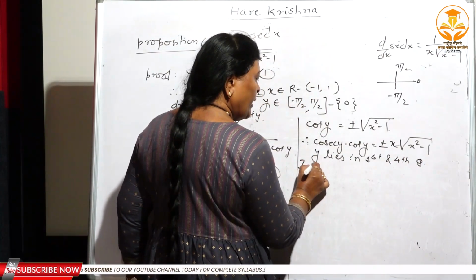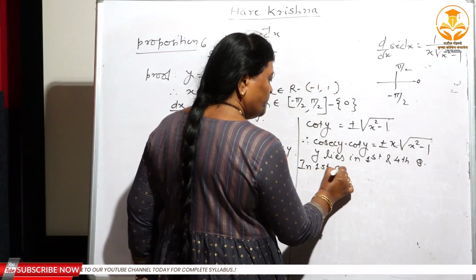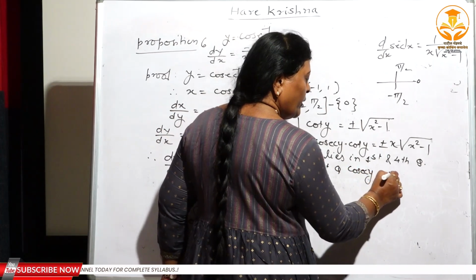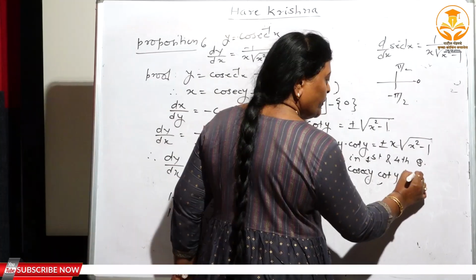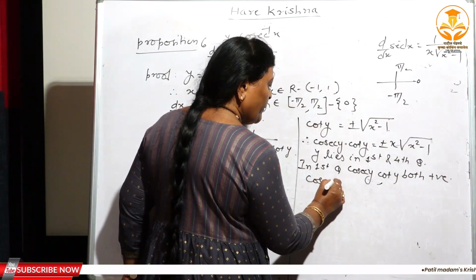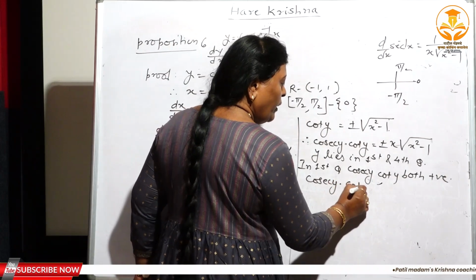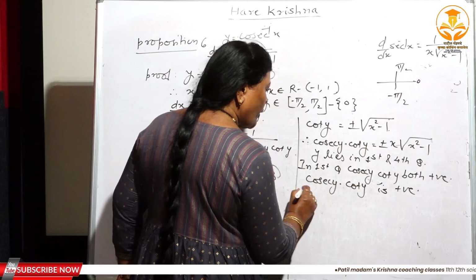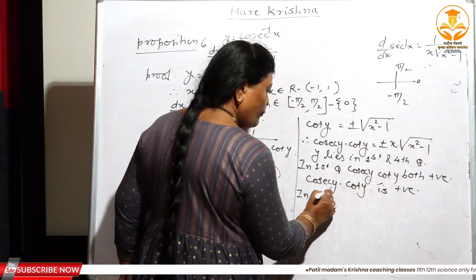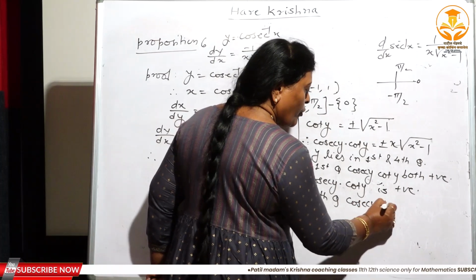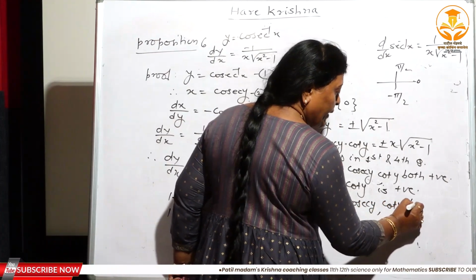So y lies in the first and the fourth quadrant. In first quadrant, cosec y, cot y, both positive. Therefore cosec y into cot y is positive, right? And in fourth quadrant, cosec y, cot y, both negative.